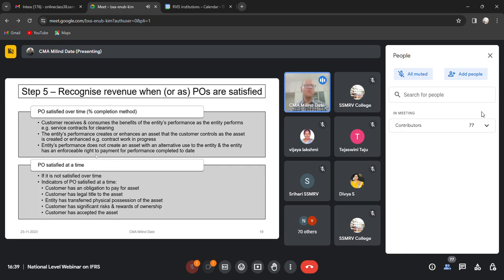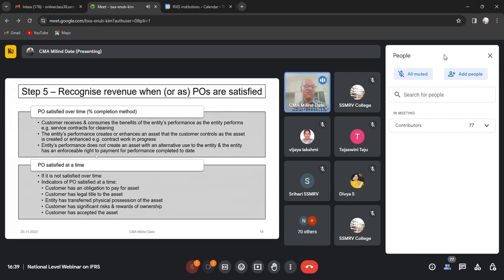If, of course, the performance obligation is satisfied at a single point in time, naturally it's not satisfied over a period of time, so you recognize the revenue immediately, like in the case of that machine, 76,000 rupees immediately once the machine was handed over. The customer is automatically obliged to make a payment because you have passed on the legal title of that asset to the customer.